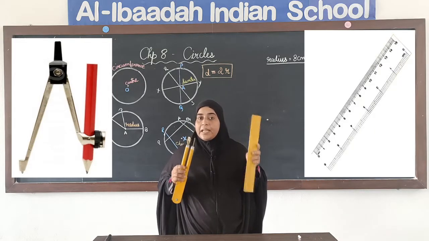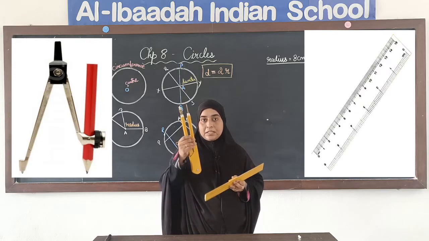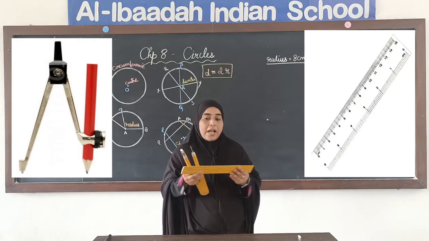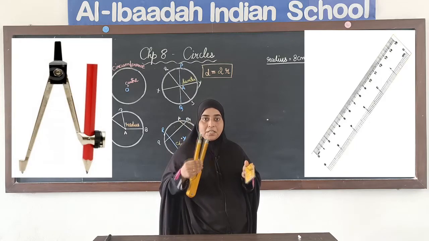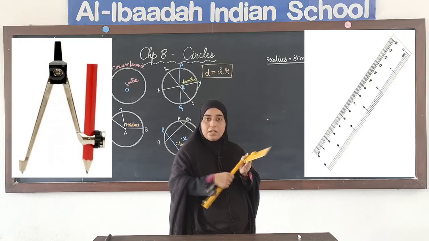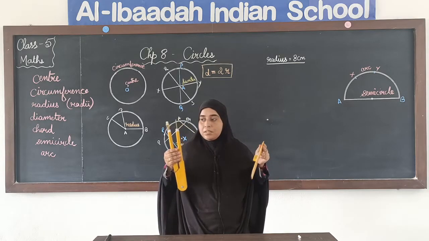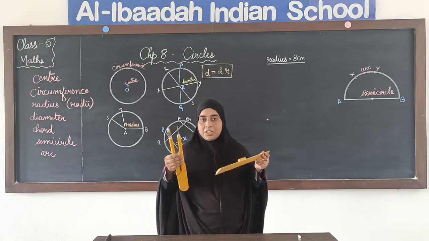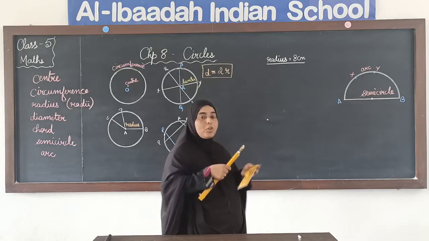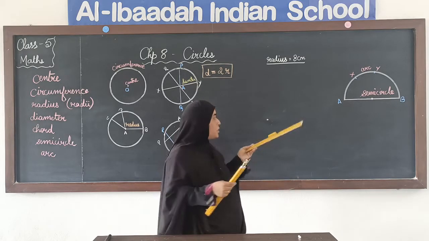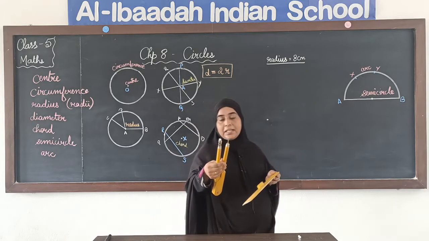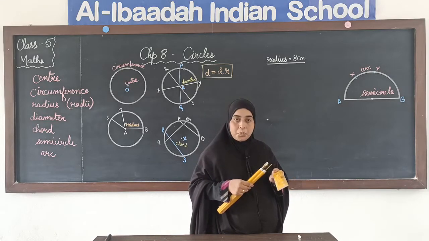The role of the scale is to measure the radius on the compass. So I will measure 8 centimeters on the compass using the scale. Since I am using instruments a little larger in size, my circle will also be bigger on the board. It might not be exactly as you draw in your notebooks.